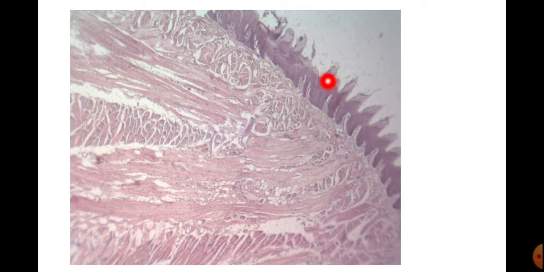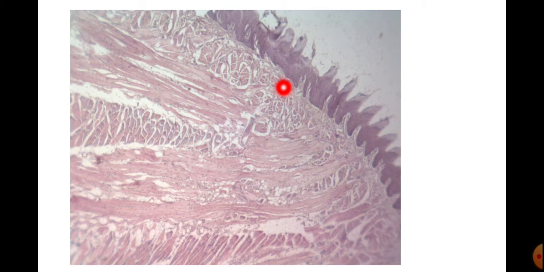These are the pointed papillae, the filiform papillae, and these papillae with the rounded top are the fungiform papillae. So we can identify this dorsal aspect showing the projection of the filiform and fungiform papillae. It is lined by stratified squamous non-keratinized epithelium.